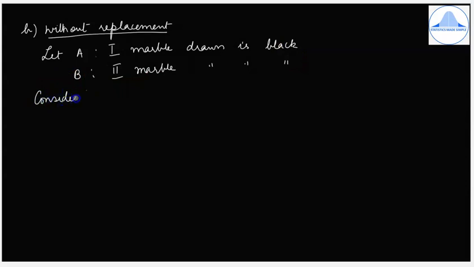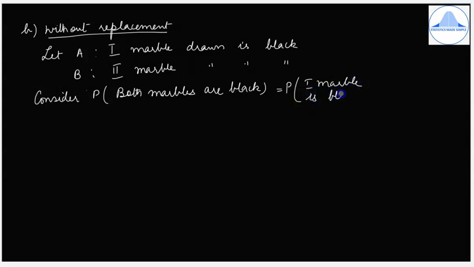So consider probability both marbles are black. So this means it is probability first marble is black and second marble is black. So this is equal to first marble is black is event A and intersection. Second marble is black is event B.